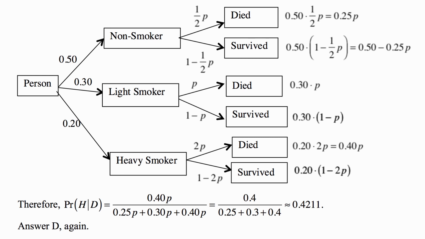And those are 0.25P, 0.30P, and 0.40P. So you can see that again, P cancels, and we end up with 0.4 divided by 0.25 plus 0.3 plus 0.4, and that's again 0.4211. Answer D again.